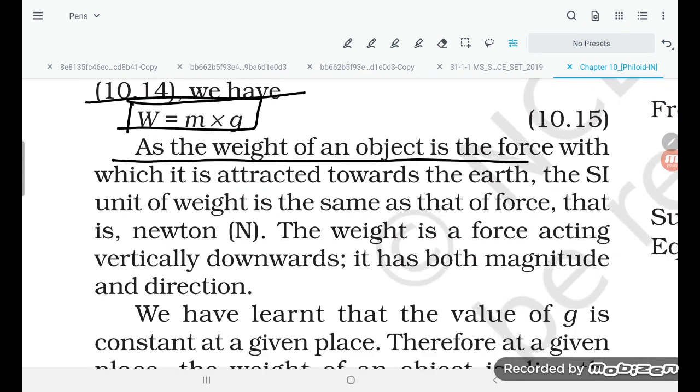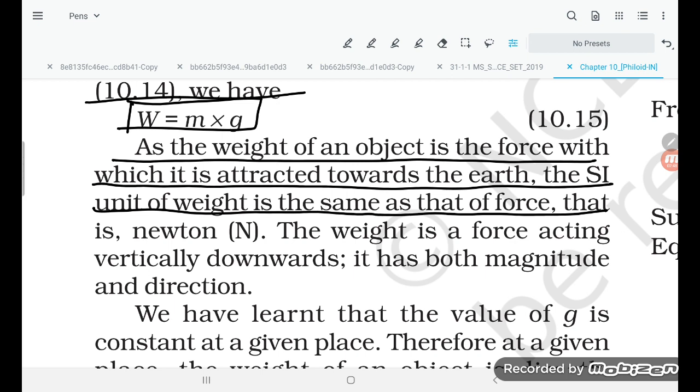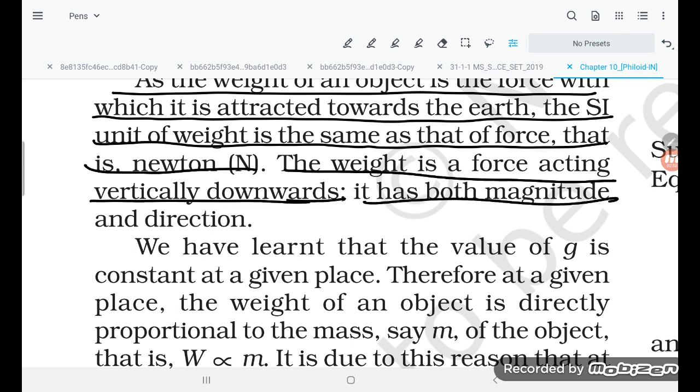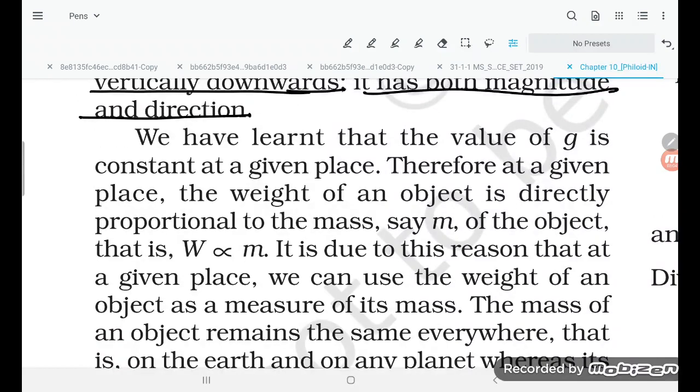As the weight of an object is the force with which it is attracted toward the earth, the SI unit of weight is the same as that of force, that is Newton, N. The weight is a force acting vertically downwards. It has both magnitude and direction.